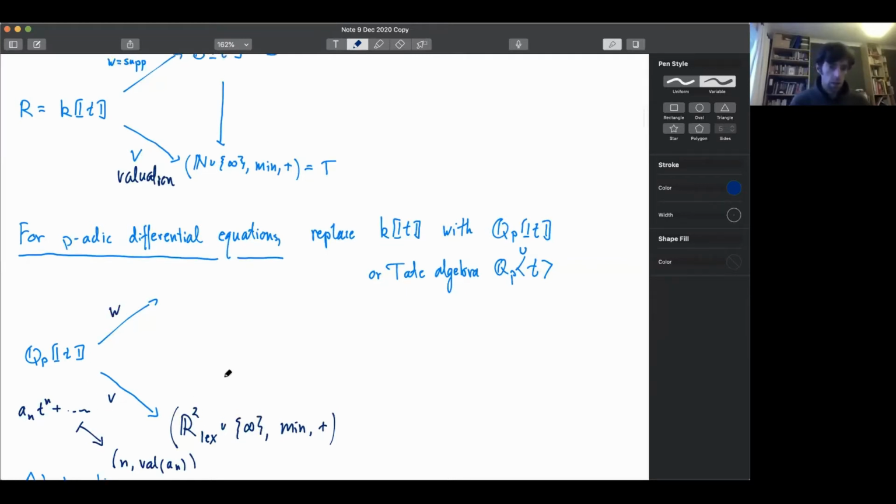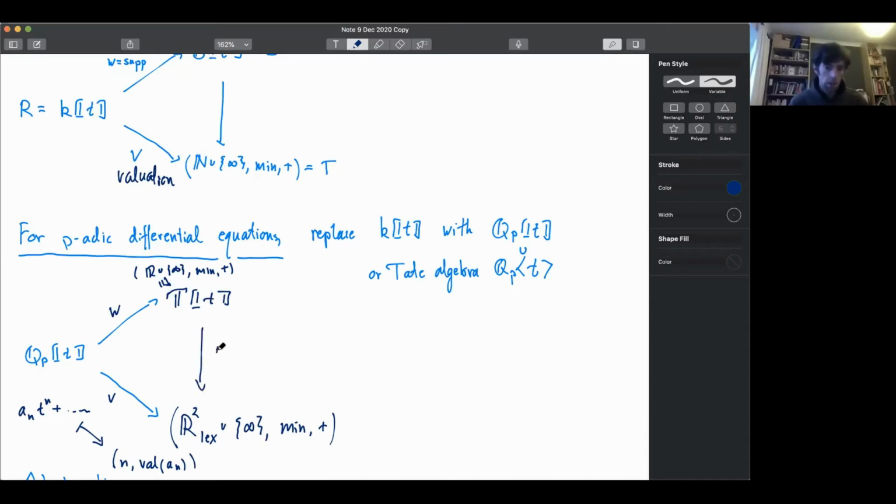What about my W? Well, an obvious guess would be you could take something like this T here, R with the usual tropical semi-ring structure, so that this is the tropical T rather than torus T. We could take tropical formal power series, and this W is going to be just applying the p-adic valuation coefficient by coefficient.